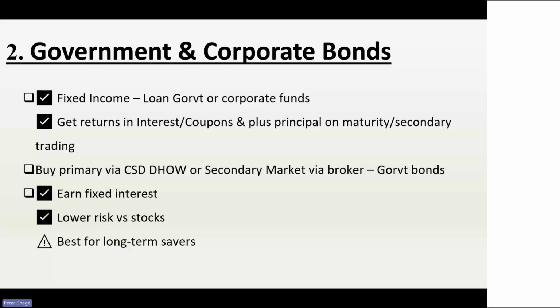I want to rush through some of these products you already know so that we can spend time on international stocks. And as I said, you can also make money through capital gains from secondary market trading. These have to go through the broker. This platform is not available currently on the CSD DO system. So if you want to sell your bond before maturity, you do it in the secondary market through the broker, and you make a profit if market interest rates have dropped.